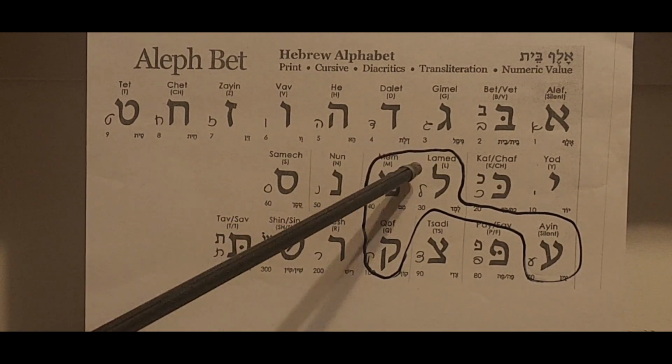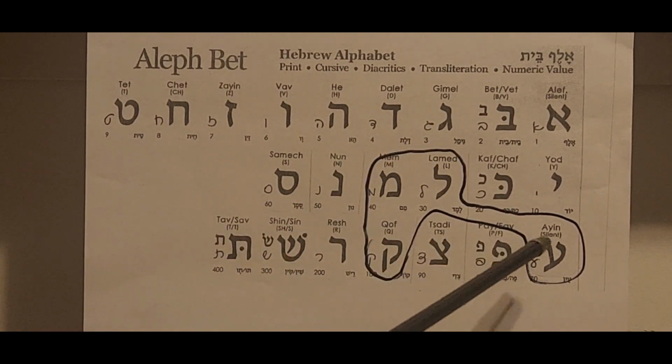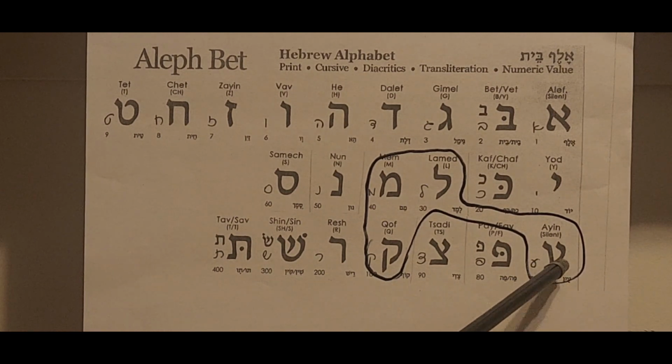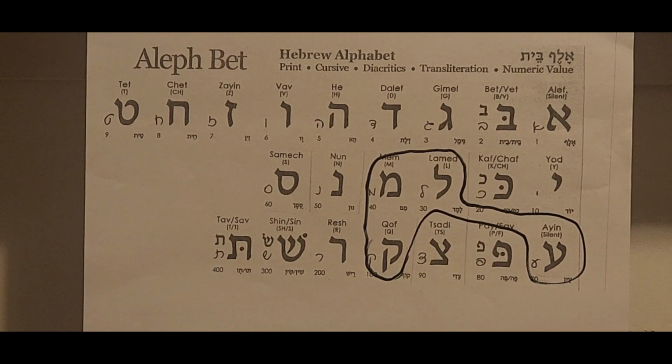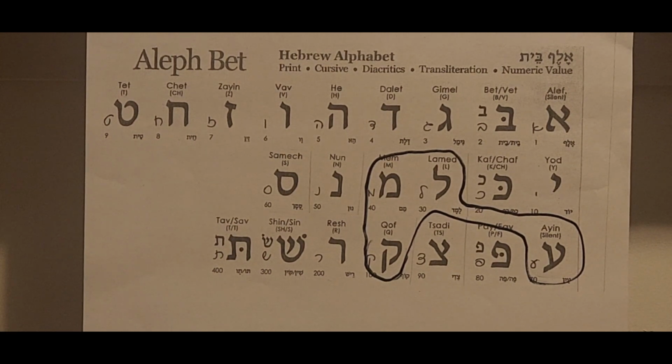It's the only letter that goes above the line. The Ayin goes below the line, and the Kuf goes below the line. So these are all of the 22 letters with some distinctive characteristics that are essential to identifying them in script.